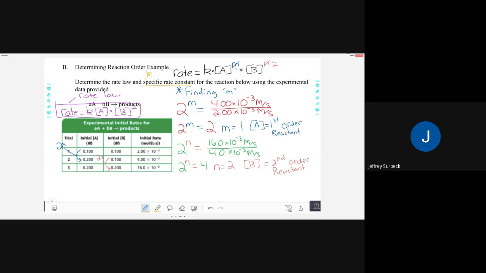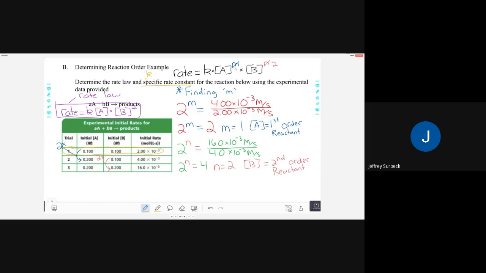So I do this. I always circle everything in experiment 1 so I don't confuse myself. Now all I'm going to do to find that value of K for constant is plug these values in. So I'm going to look at my rate, and I'm going to say, hey, in experiment 1, it was 2 times 10 to the negative third M per s, molarity per second.